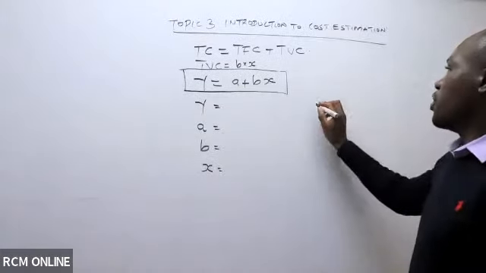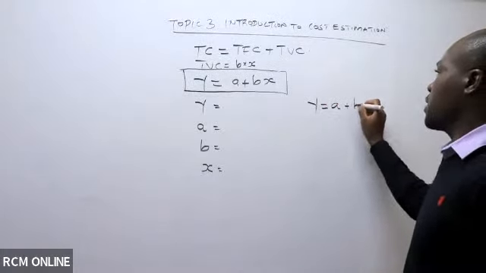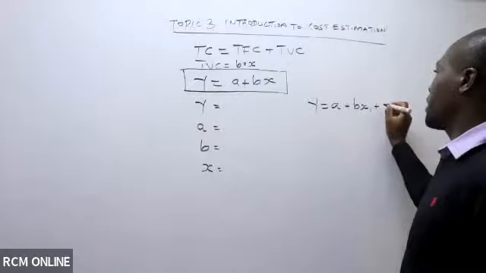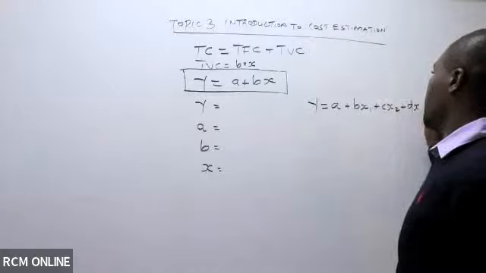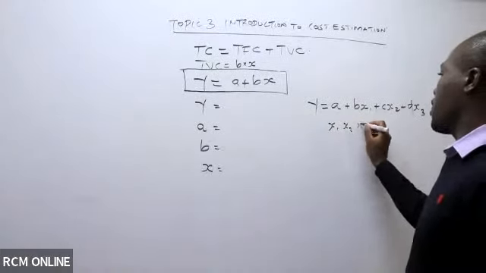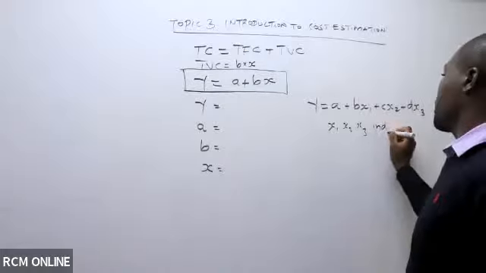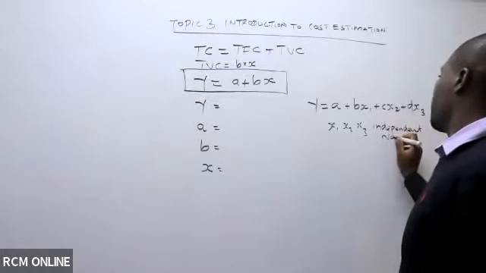Number 2, we'll be given a cost function in this form, a plus bx1 plus cx2 plus dx3, whereby x1, x2, x3 are independent variables.